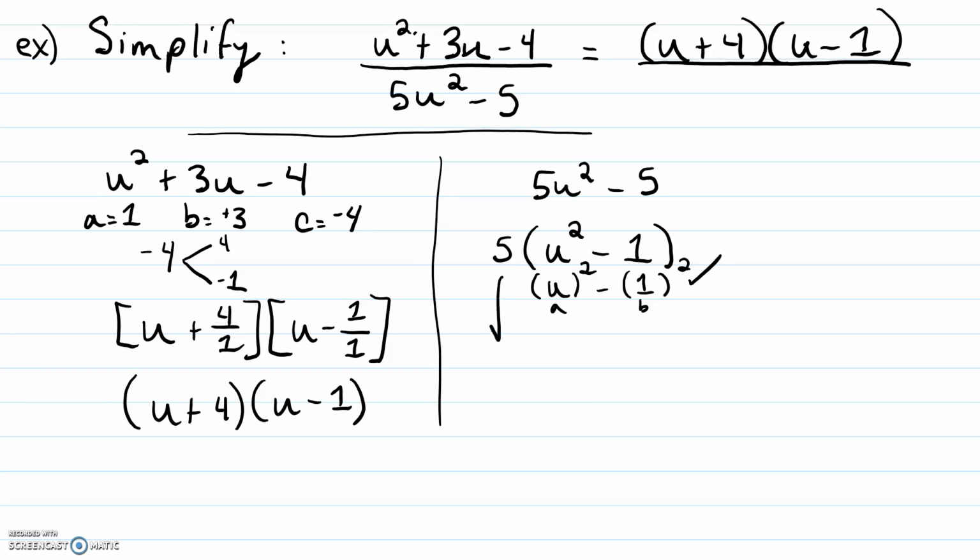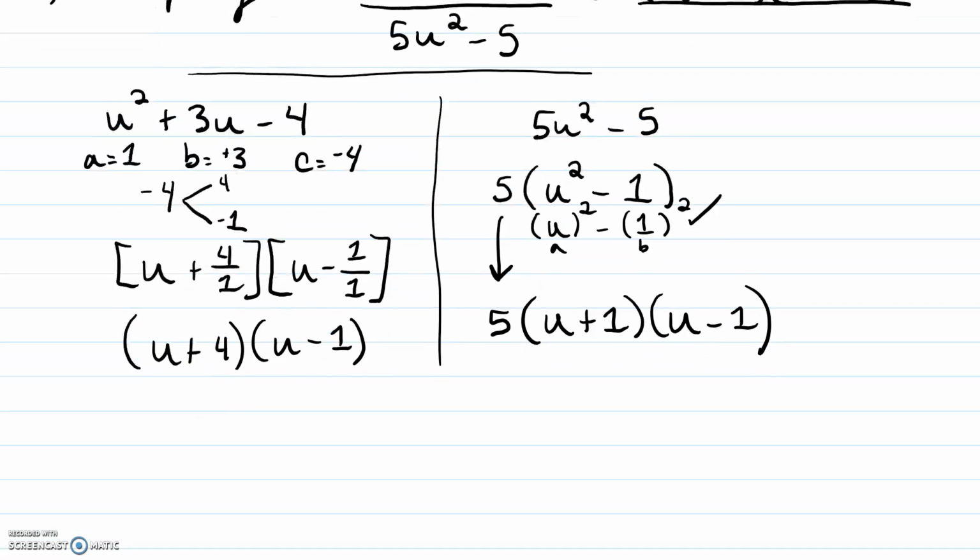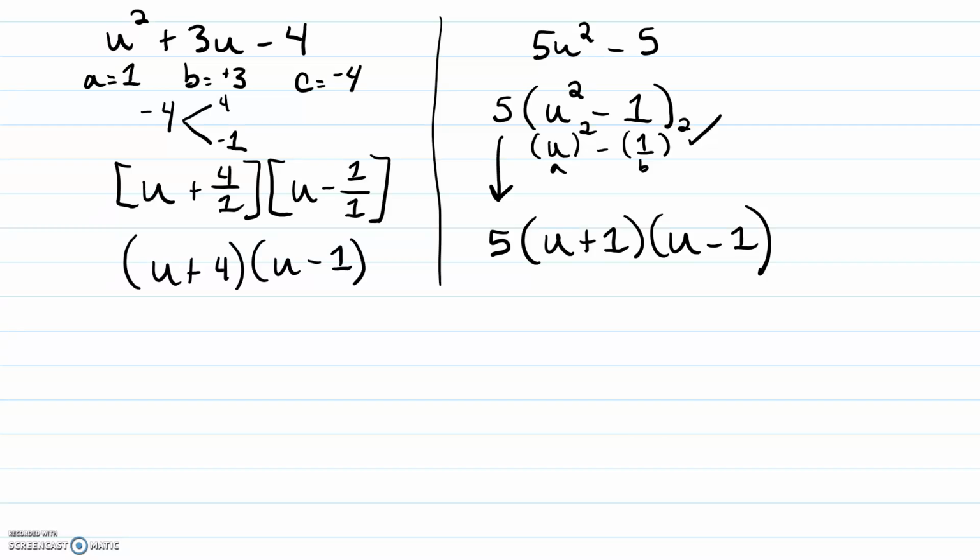Using your formula, u squared minus 1 is going to factor into u plus 1, u minus 1. Just as a refresher, our difference of squares formula: if you have a difference of squares, and we did, that will factor into a plus b, a minus b. Our a was u, our b was 1.